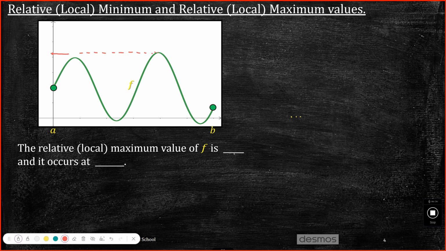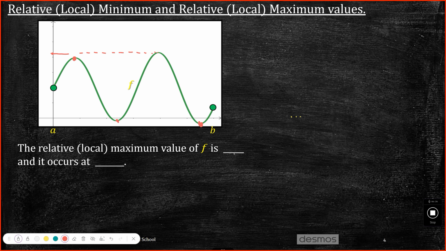This is a relative max because it's not the highest, but it's higher compared to its neighborhood close to it. And in this situation, this was the absolute minimum, but this is a relative min compared to everything near it.